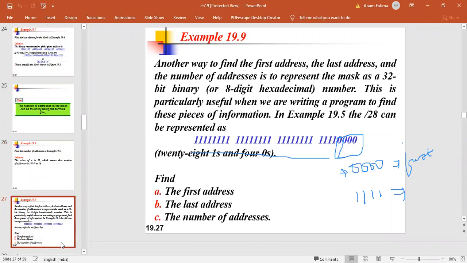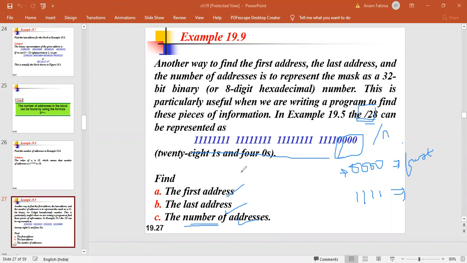So in this way, if you are given the slash n notation, or CIDR notation, if you're given an IP address and its corresponding mask, where the slash n represents the mask, it tells us how many bits are used for the net ID part and how many bits for the host ID part. We can find the first address, the last address, and the number of addresses. How can we find the number of addresses in the block? The number of addresses will be equal to 2 to the power of the number of bits used for the host within that block.